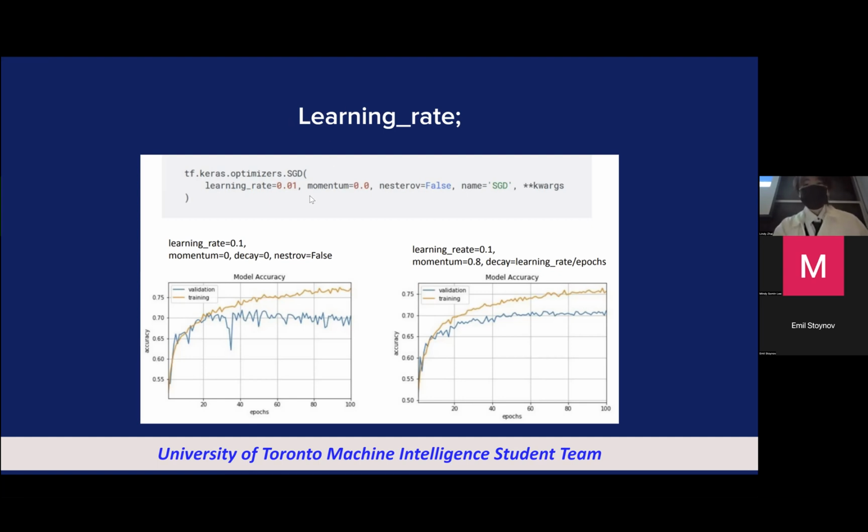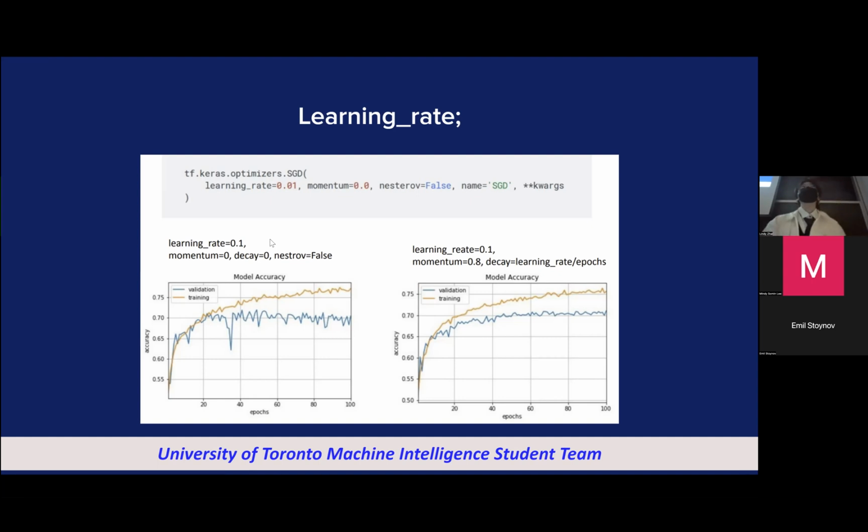It says here that it's going to use zero momentum, which is on the left graph. If you look at the left graph and the right graph, this is the accuracy graph. You want to essentially converge to 1, but unfortunately I just landed at 0.75. As you see, if you use momentum, you have a much smoother graph, although you might not reach as high a training accuracy.